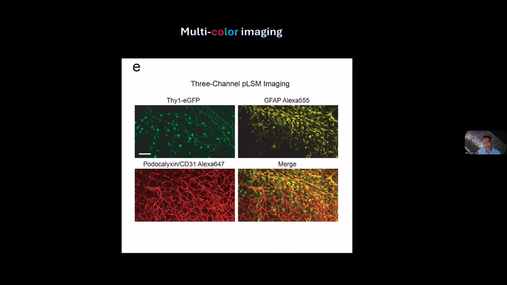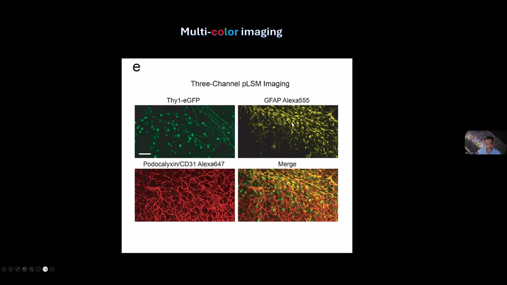One common experimental goal is of course multi-channel imaging. We demonstrated that we can use the red, green, blue lights of these pocket laser projectors to do multicolor imaging of common fluorophore combinations used in biology. Here is one example demonstrating that, of three common fluorophores combined, EGFP, Alexa 555, and Alexa 647, that we can image in multicolor.